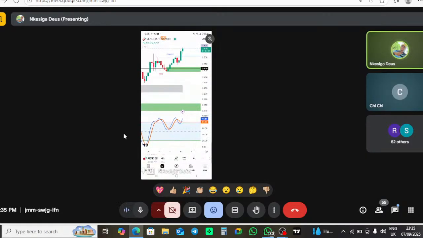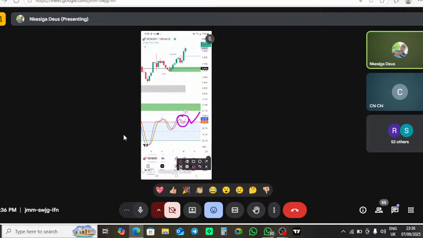Then the orange line will follow. Hope we are together. Now, the red line at the top represents the overbought region. If you find this line there, automatically know that the coin is in the overbought region. I believe you know what overbought means.